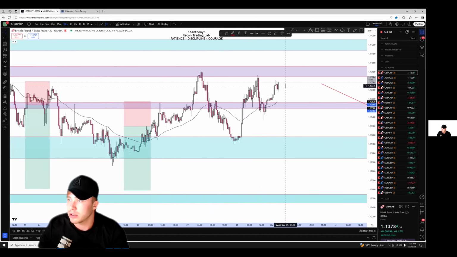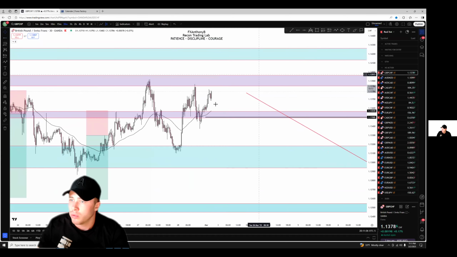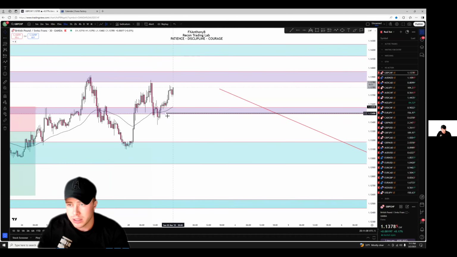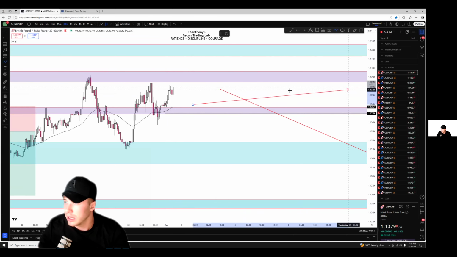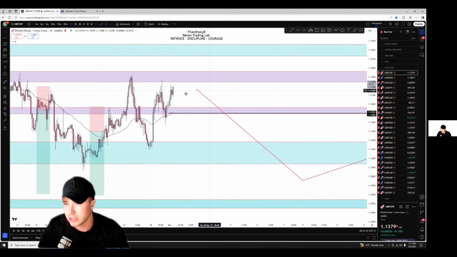It's at the bottom. So ultimately we're looking for a lower high, lower low, lower high, lower low, shift to structure here, higher high, higher low. So ultimately we are looking for this 18-minute candlestick to close higher high, give us a shift to structure, and then our 1 hour to catch up.